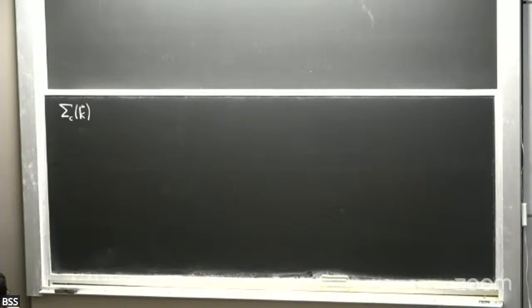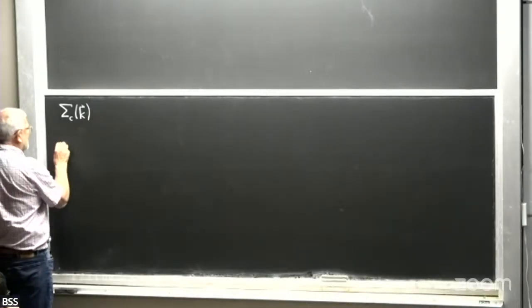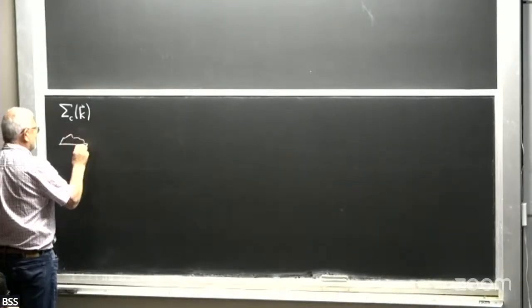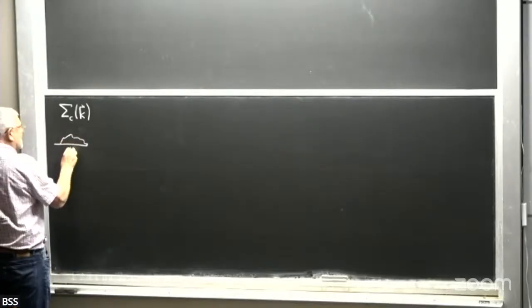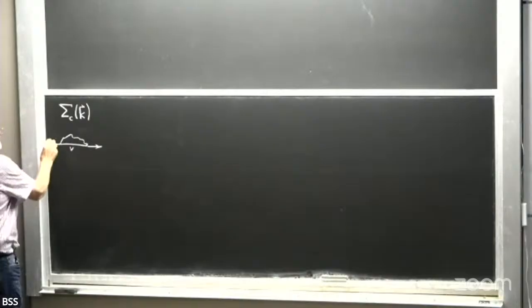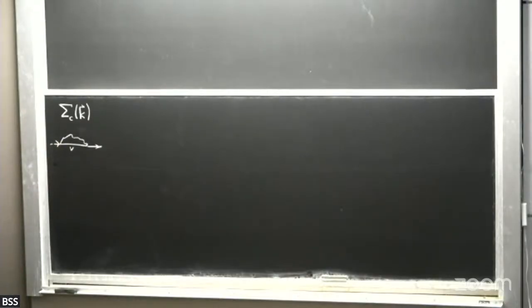Okay, and in terms of Feynman diagrams, it's this self-energy. Let's say, for example, let me assume to start that I want to calculate the exchange self-energy of a conduction band electron when the valence band is filled.